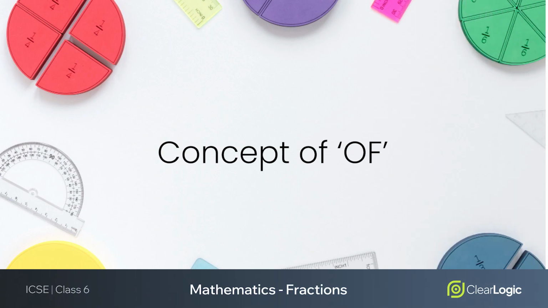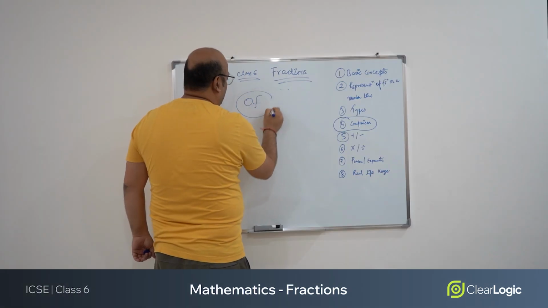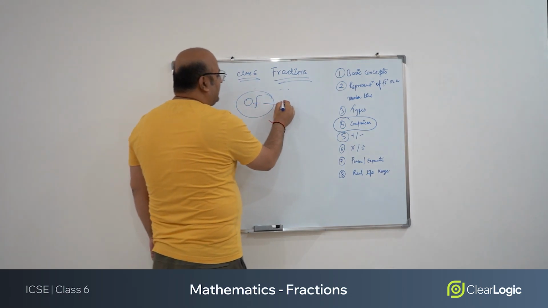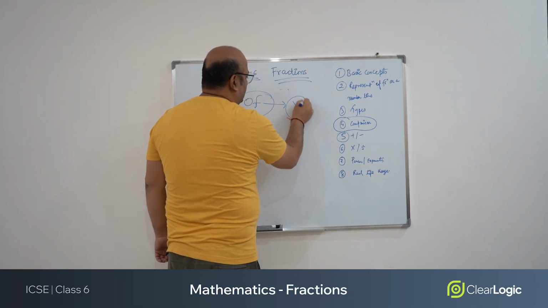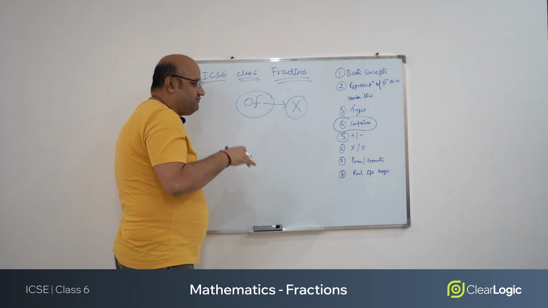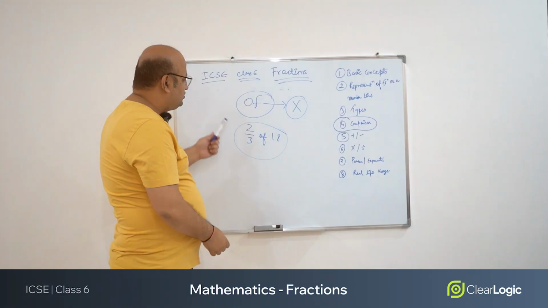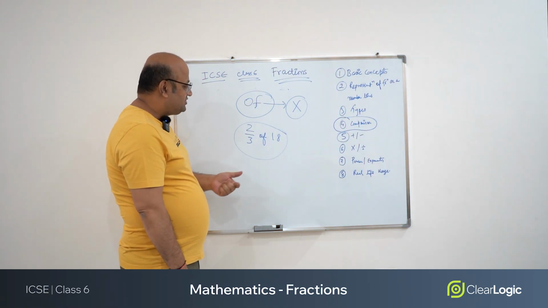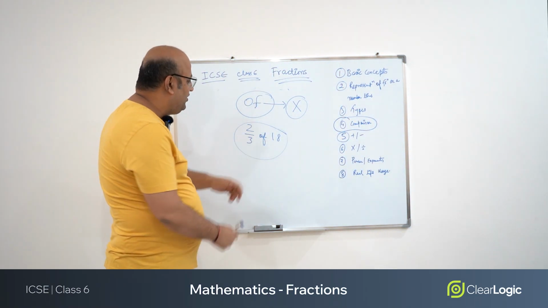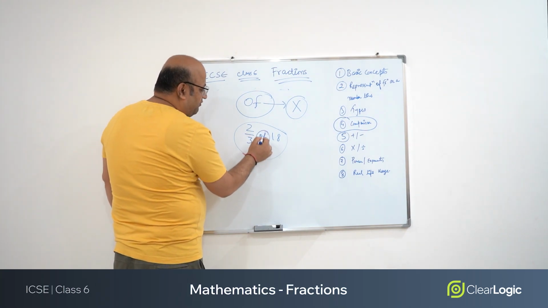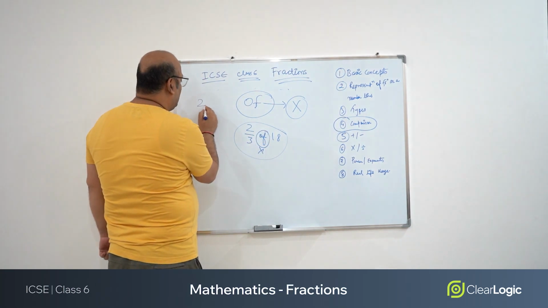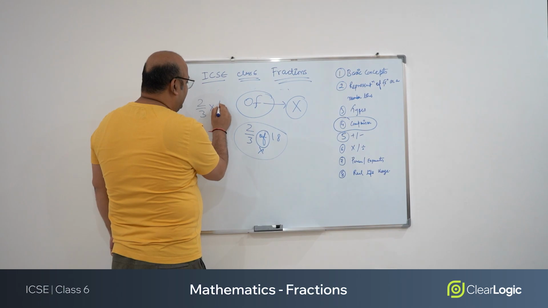And the very important thing is the word of. Of means multiplication. So if someone asks you 2 by 3rd of 18, how we'll do is, we'll convert this of into a multiplication sign, then it will be 2 by 3 multiplied by 18.